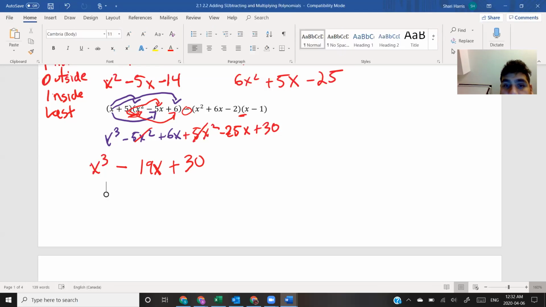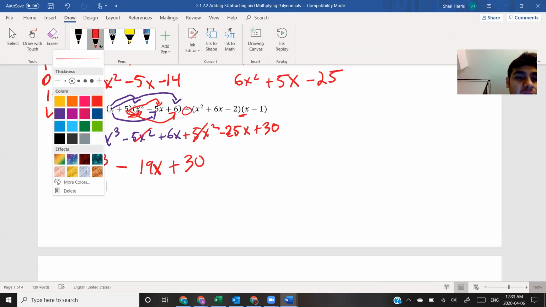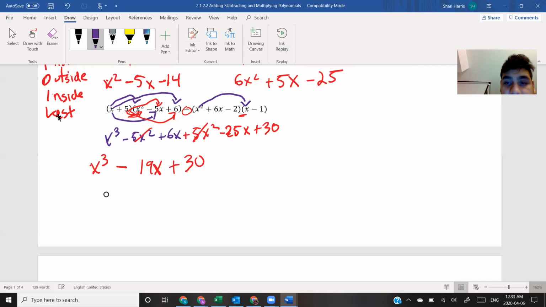And then we started with the binomial. We could start with the trinomial too. It doesn't really matter. So x squared times x is x cubed.